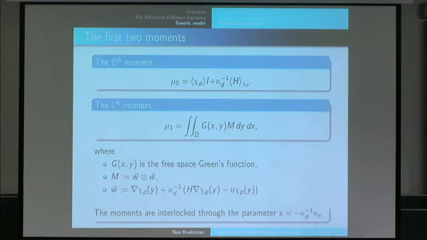The first moment is the convolution of Green's function with this matrix M, and it turns out that this matrix M is an outer product of a vector W with itself, where this W is so important because it expresses the boundaries of the pore space.